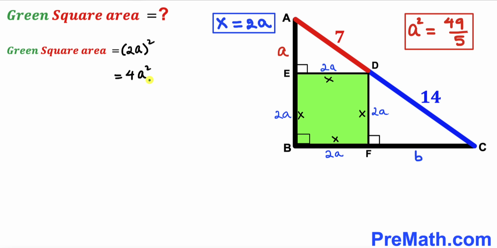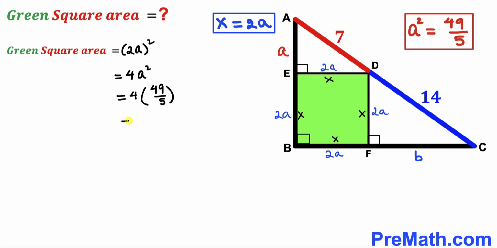Now we know our a squared value is 49 divided by 5. So I'm going to substitute that value, 49 divided by 5, over here, replacing a squared.